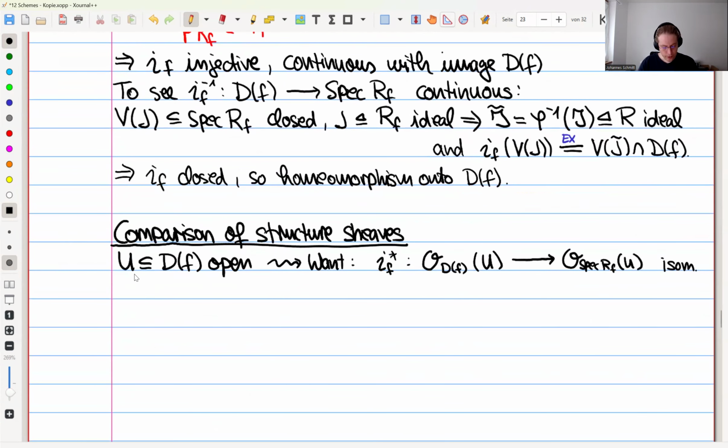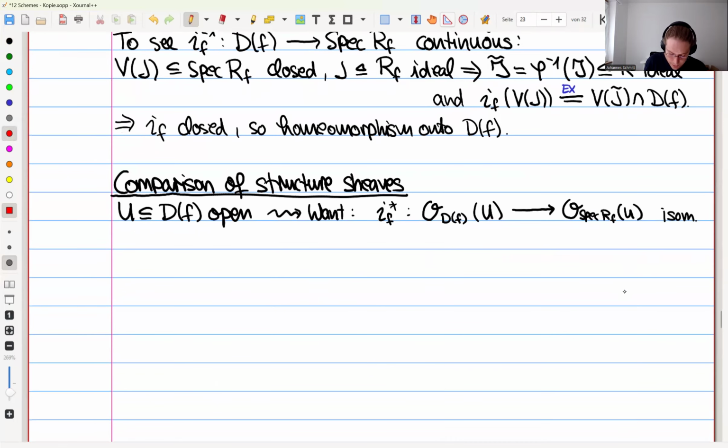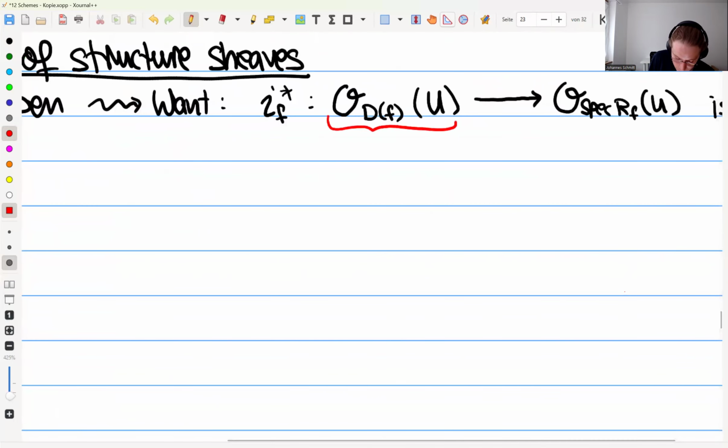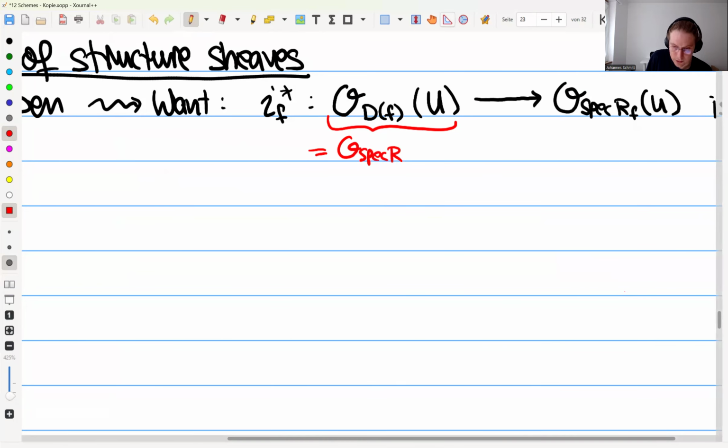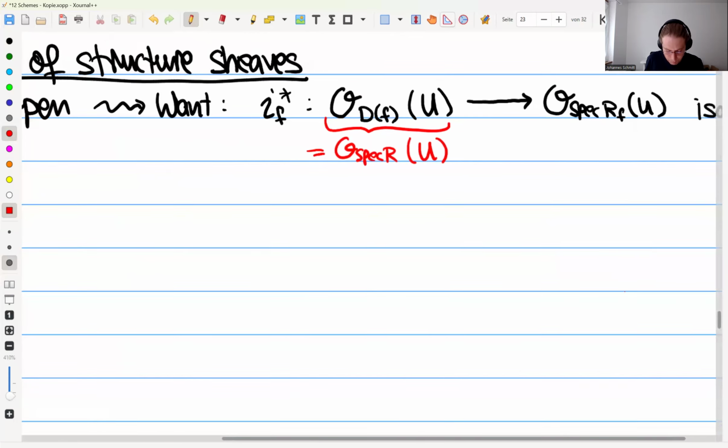In other words, we want to show that when U in D(f) is open, and there are two ways to define what it means to be a regular function, you can either take the O of this open subset, or O of D(f) evaluated at U, or you can take O of Spec R_f, this abstract spectrum, on U. Note here, this thing by definition is just given by the restriction. So somehow this is O_{Spec R}(U).